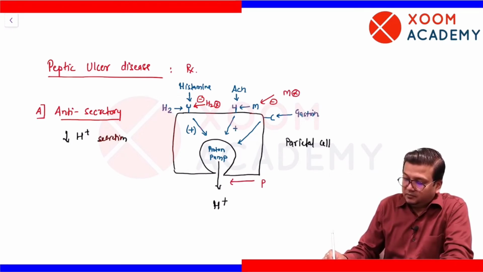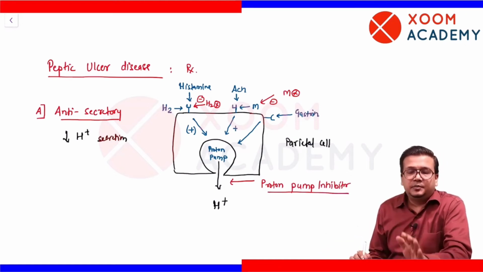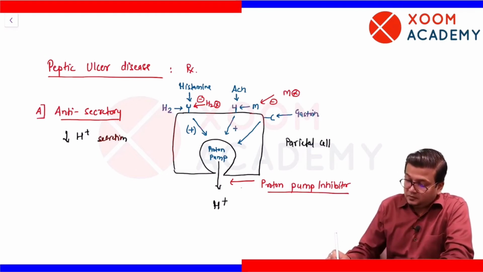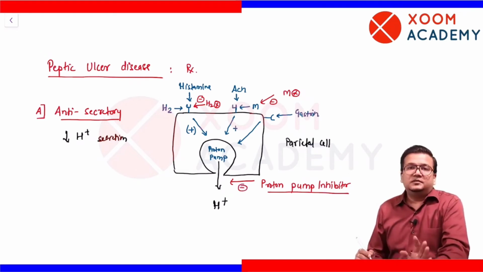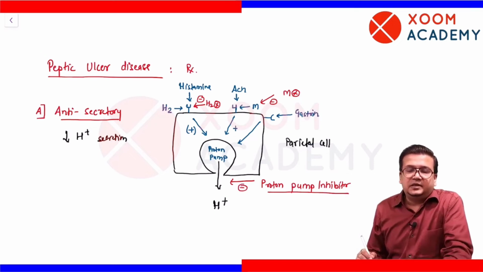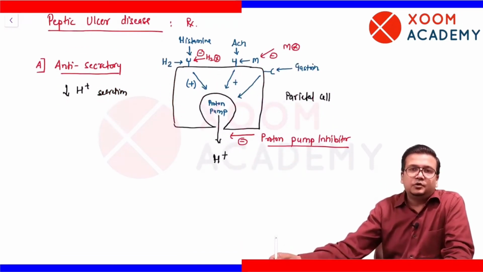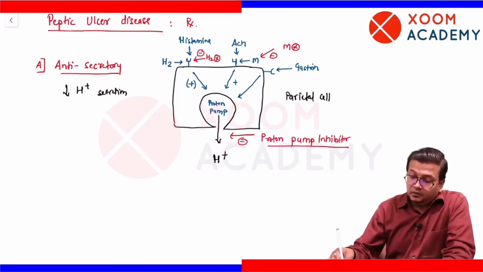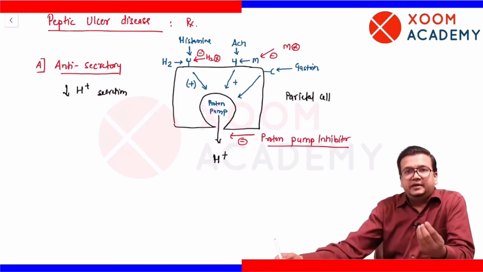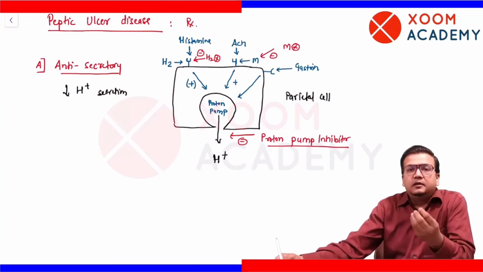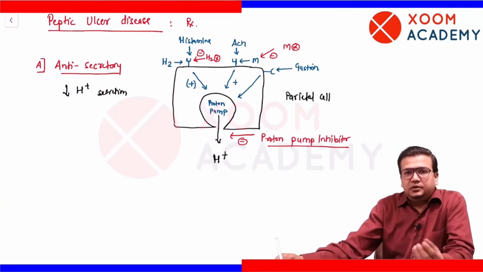So we will call them proton pump inhibitors. They will directly inhibit the proton pump itself. So these are the three main anti-secretory drugs we have: H2 blockers, anti-muscarinics, and proton pump inhibitors. They are all collectively called anti-secretory, decreasing the acid secretion into the stomach.